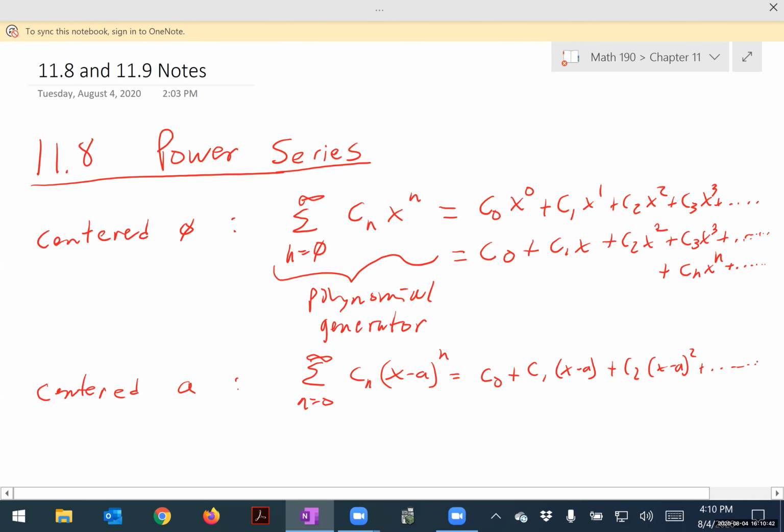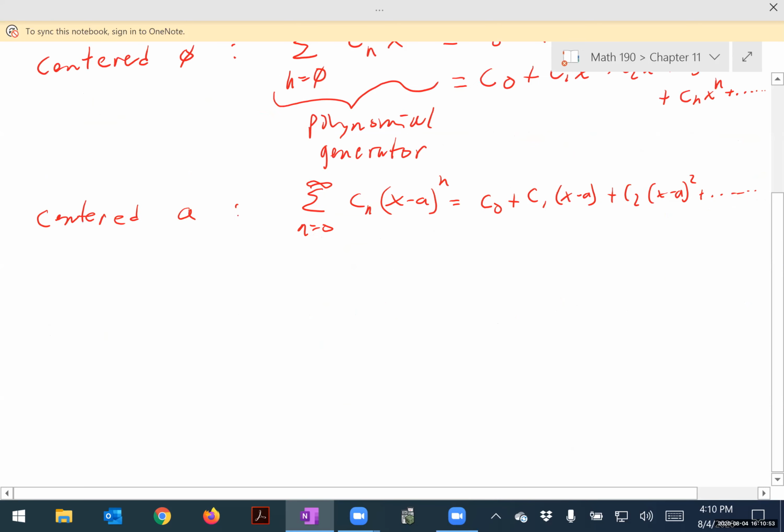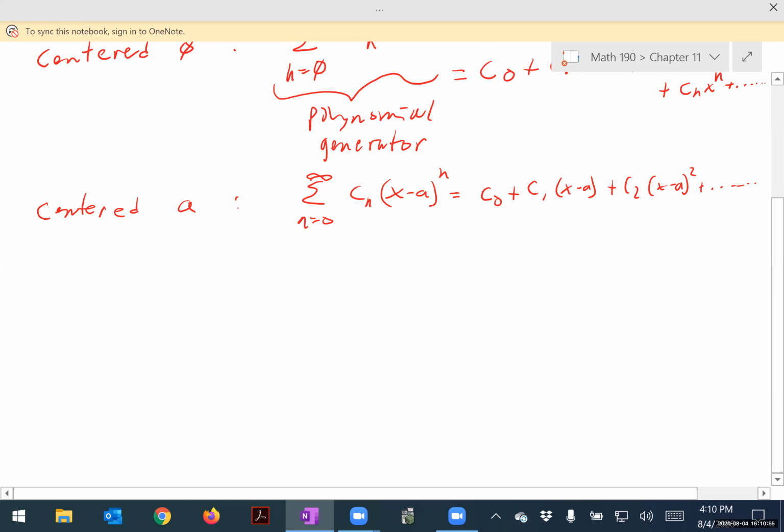Yeah, that's correct. So let's talk about converging power series. Which power series converge and which ones diverge?